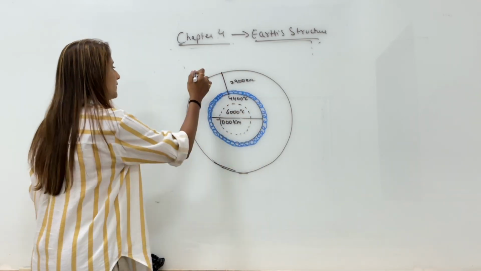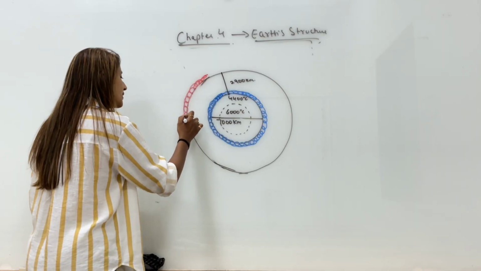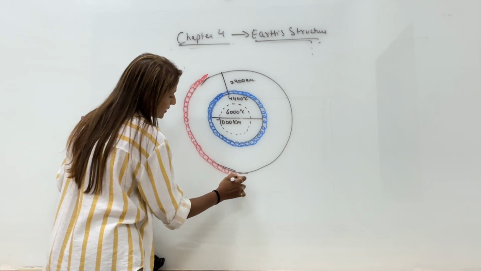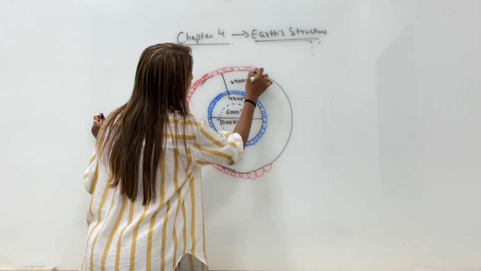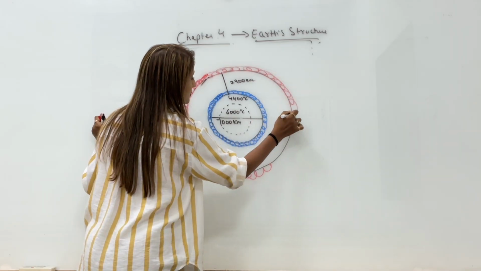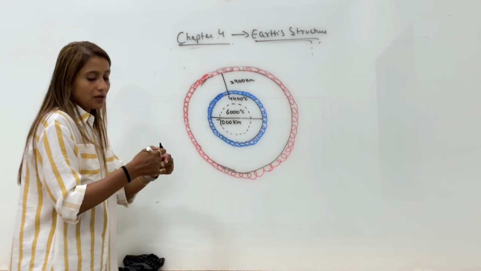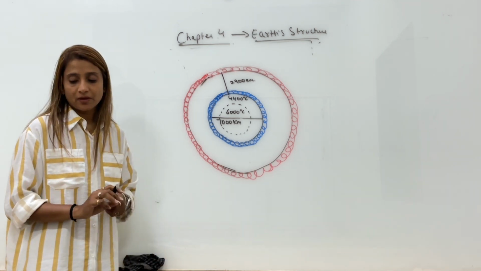After mantle, we have one more boundary between mantle and crust, and that boundary is called Moho discontinuity. Now the thickness of the mantle is 2900 kilometer.